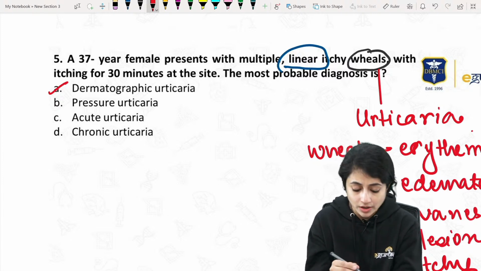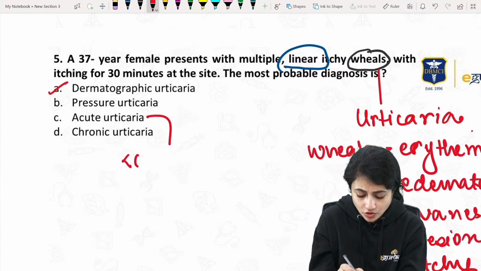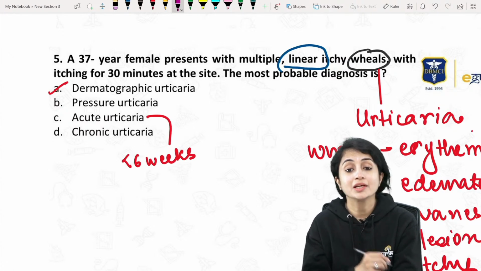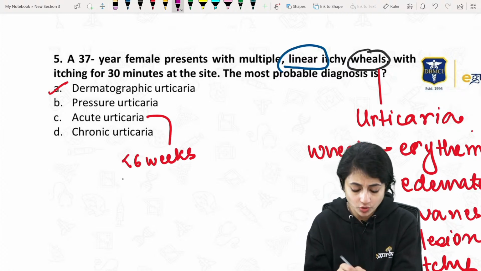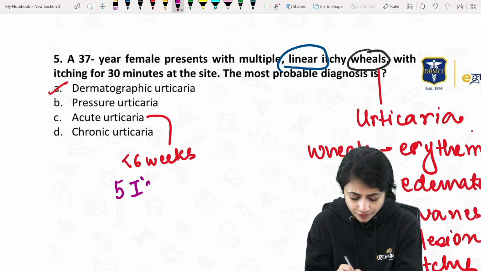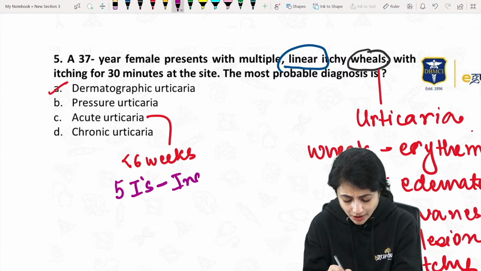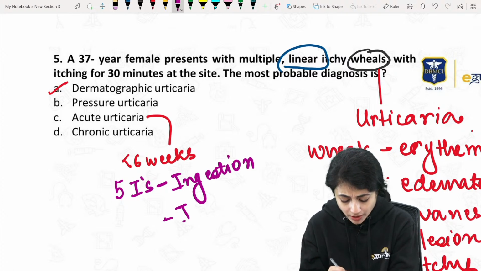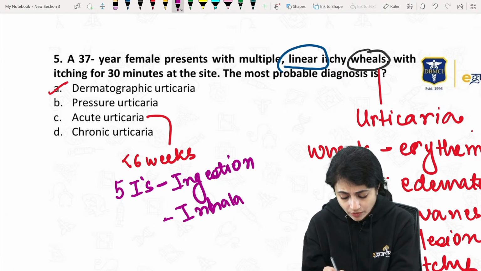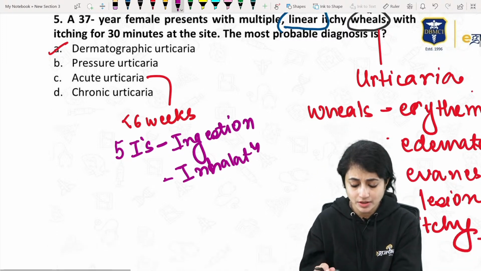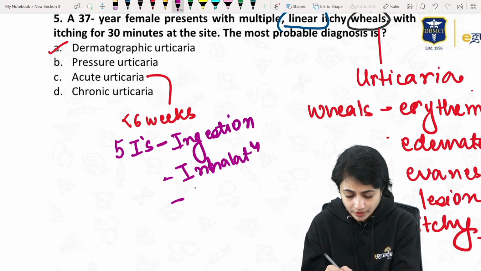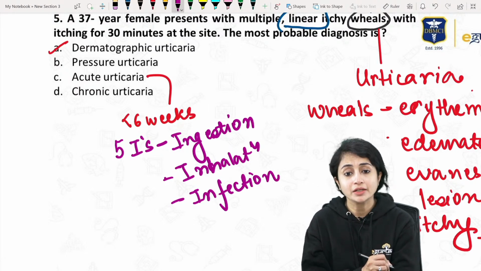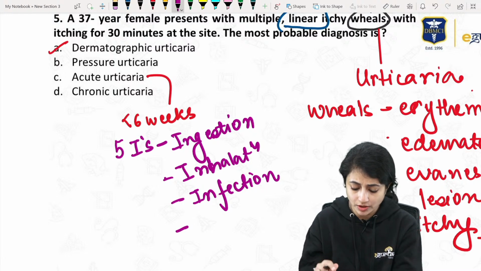Acute urticaria is urticaria which lasts for less than 6 weeks. And the causes for acute urticaria are usually 5 I's. You ingest a food item which can cause this. You inhale some pollen or any dust which can lead to urticaria. You can get infected by some viral infection and that is leading to urticaria.